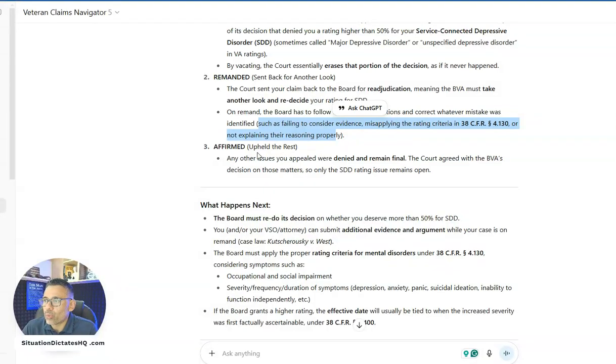Affirmed means uphold the rest. Any other issues that were appealed were denied and remain final. The court agreed with the Board's decision on those matters. So in this case, this is only for the service-connected depressive disorder, not for the ankle that was mentioned earlier in the same Board court case.